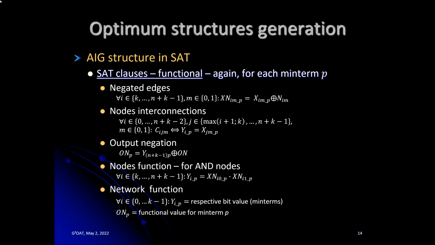That means how the function works, how the network works. So we have inputs and the outputs, and we have to try out all inputs. And that is what gives the instance exponential size, because we do that for each minterm.